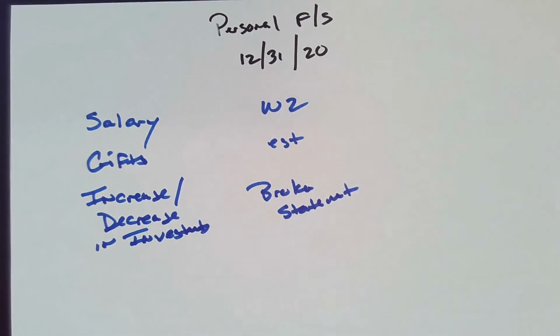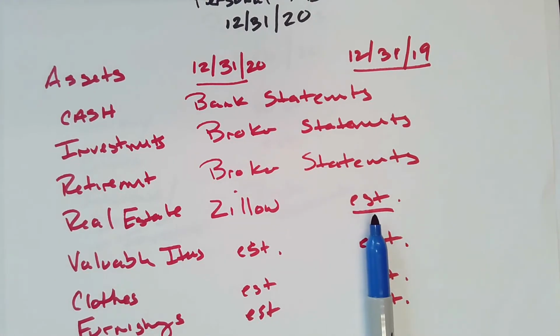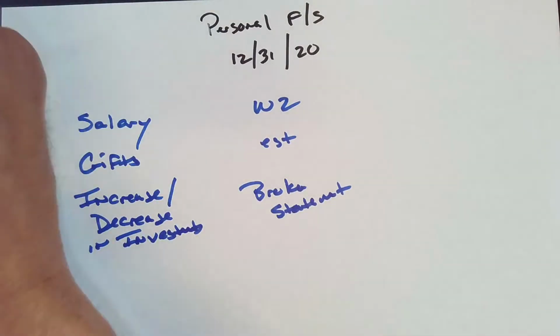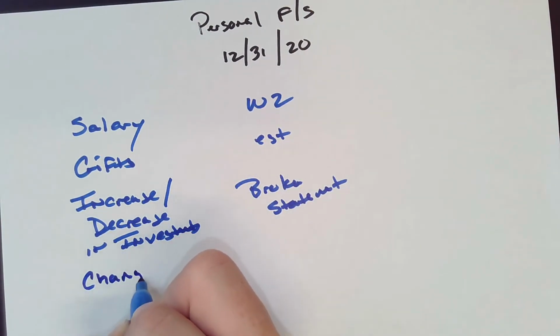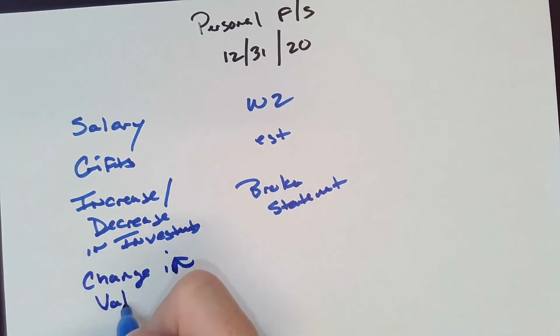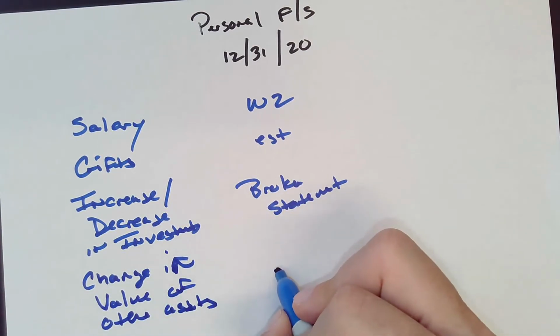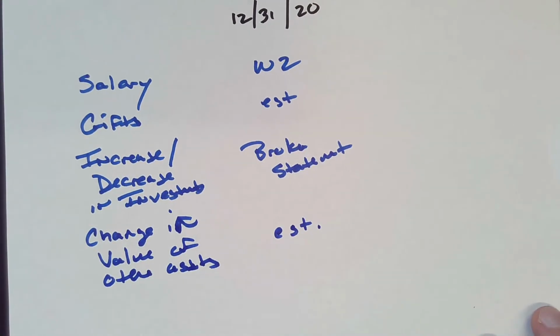If in your real estate estimate, your real estate went from 2019 to 2020 and it went up in value based on your estimates, then any changes in value of other assets, again, all those are going to ultimately be estimates, right?